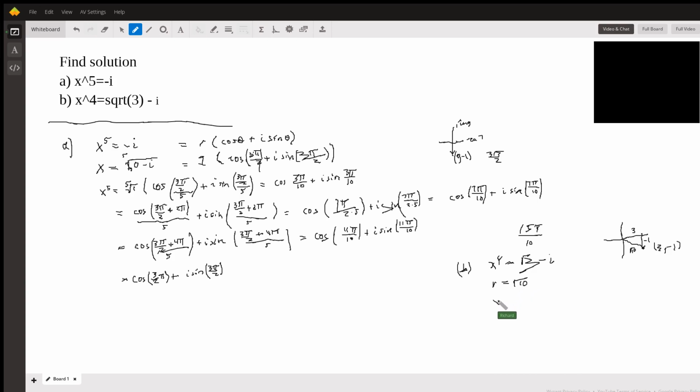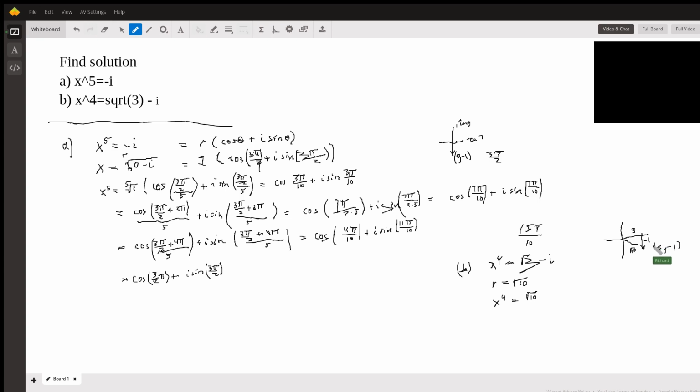And the 4th root, well, let me just write x to the 4th equal to the square root of 10. Now we have to figure out how big this angle is. It's not a reference angle. It's 3 over square root of 10, or 1 over the square root of 10.